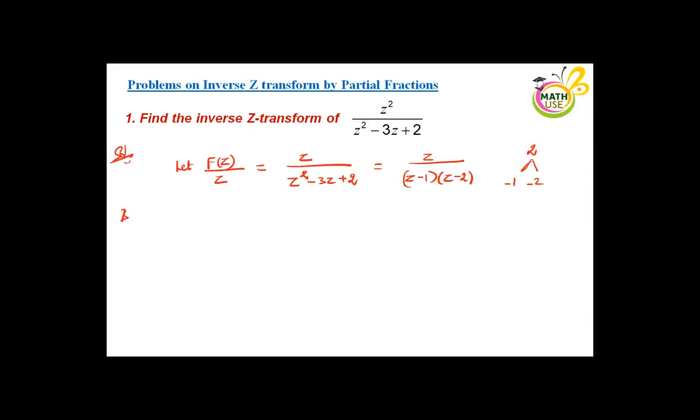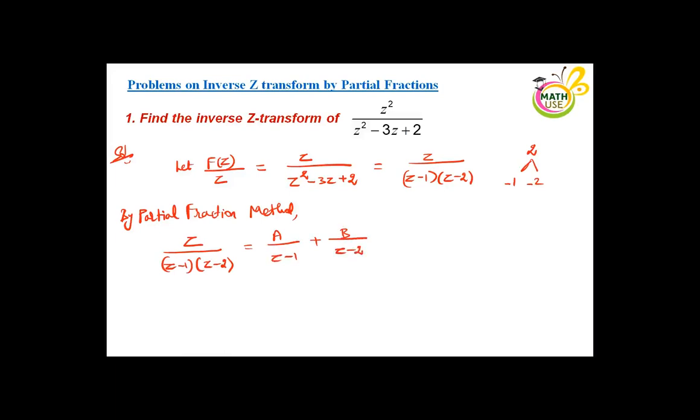So by applying the partial fraction method, consider the term z divided by z minus 1 into z minus 2, which can be written as a divided by z minus 1 plus b divided by z minus 2.